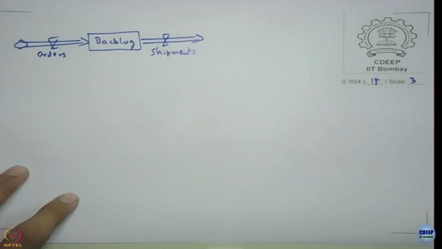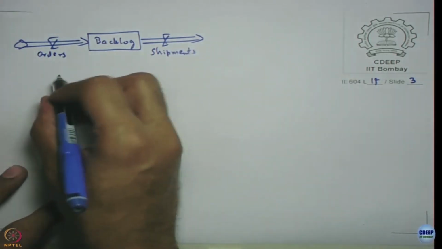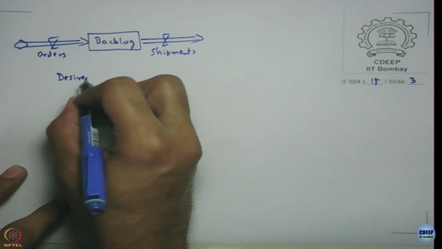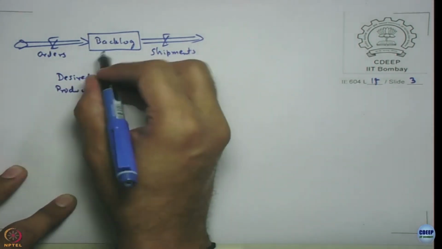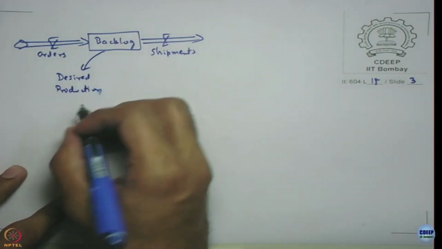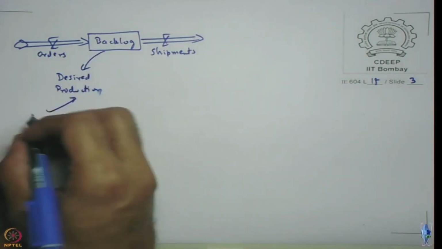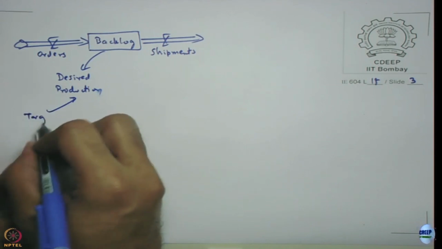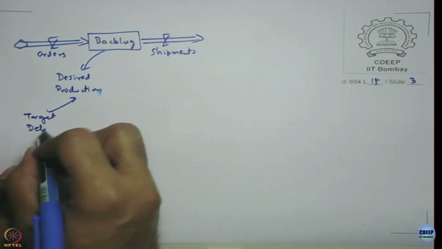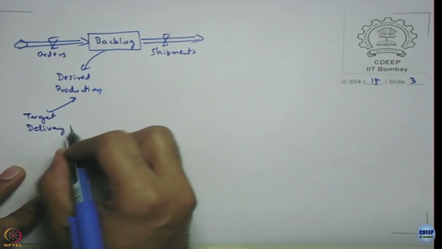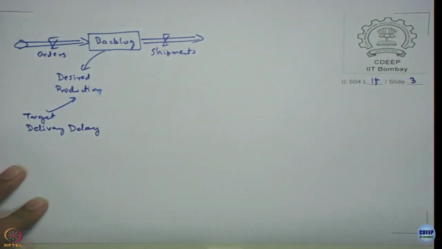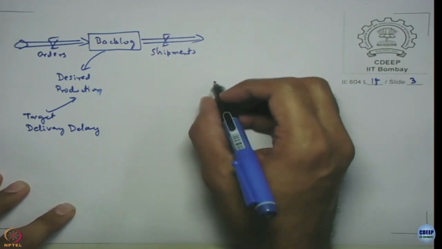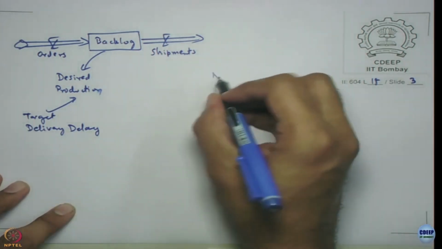reduce a backlog. Based on the backlog, we have already said that we have something called desired production. Desired production is also influenced by target delivery delay. Then we have the normal capacity.